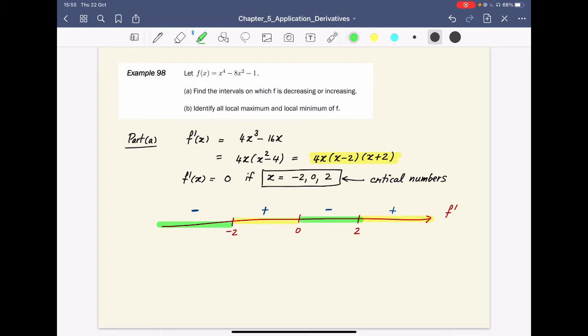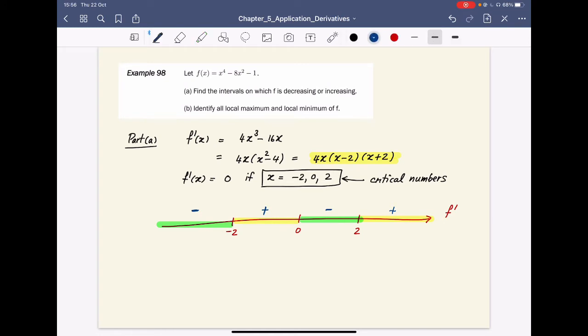For those of you who want to memorize the plus-minus technique, remember that this technique only works when you have a linear factor, right? If you have something that is not a linear factor, this technique will not work.